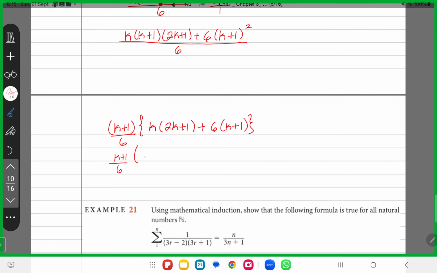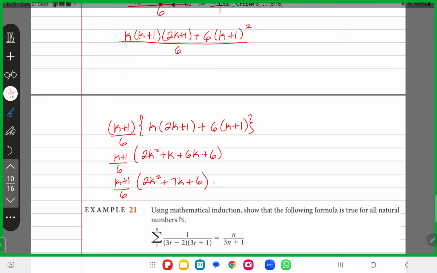Over to the right, we have 2k squared plus k plus 6k plus 6. We still have (k+1) over 6 times (2k squared plus 7k plus 6). And now the last thing we need to do is to factorize 2k squared plus 7k plus 6.